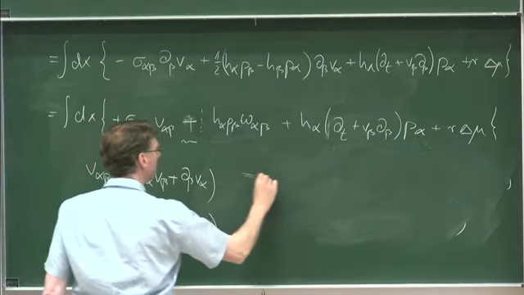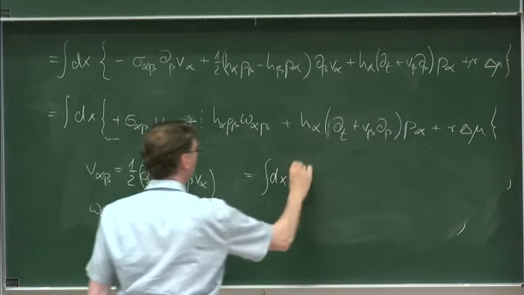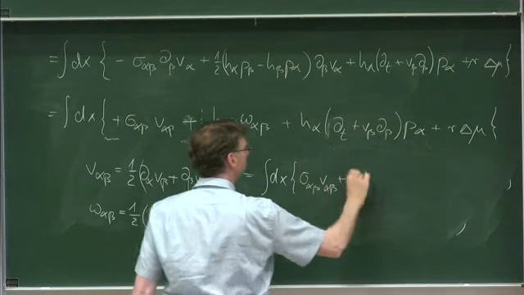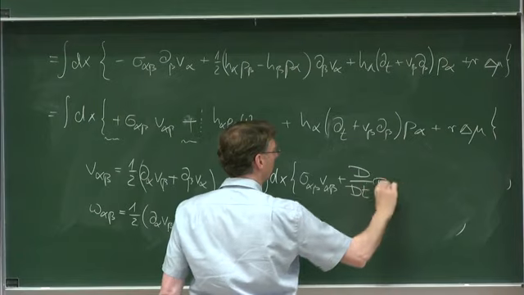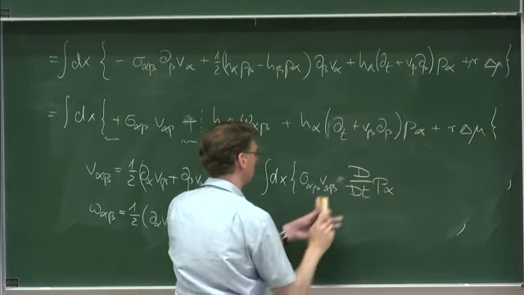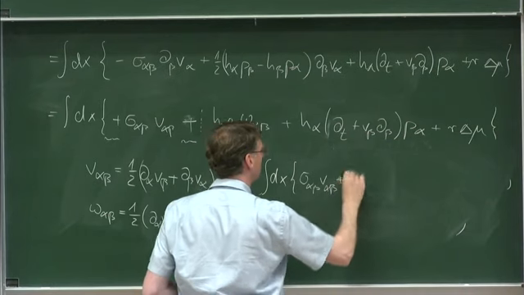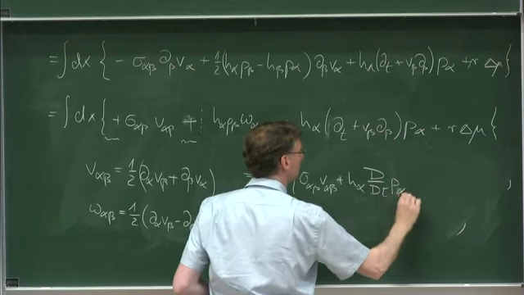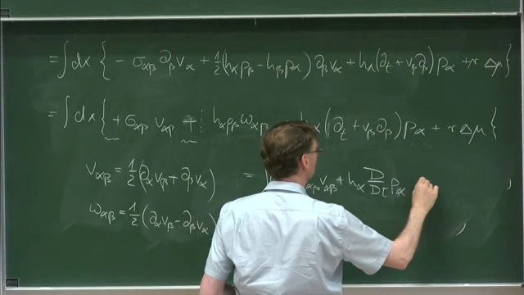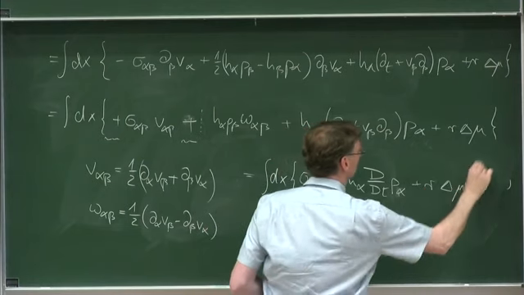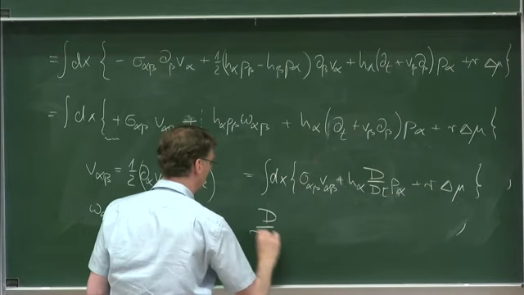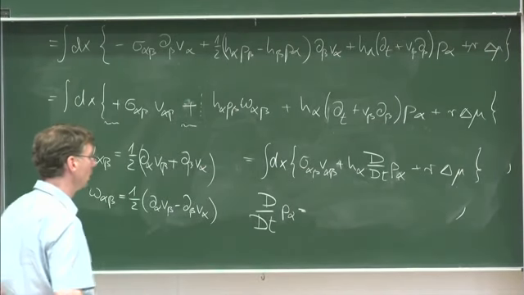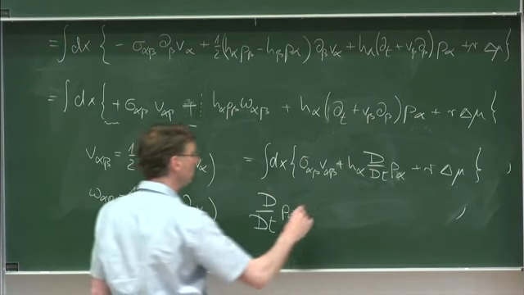And so this will then come out as d x sigma alpha beta v alpha beta plus, and now I'm writing this thing here, oops, forgot, plus h alpha d by dt p alpha, and plus r delta mu, where d by dt p alpha is nothing but the convected co-rotational derivative of p.